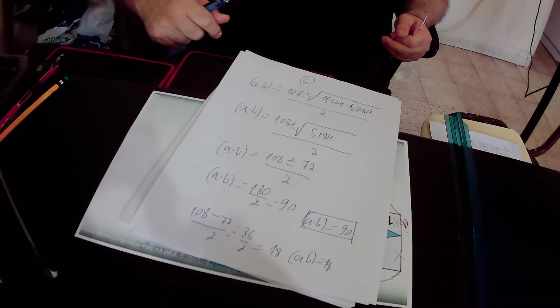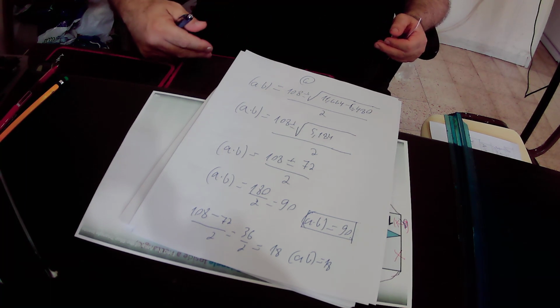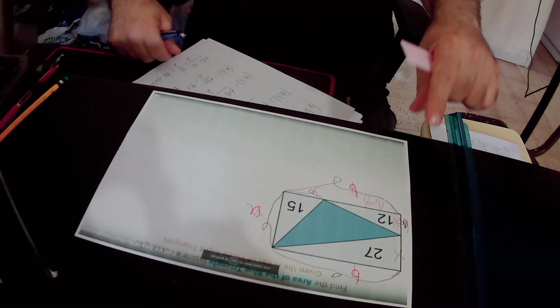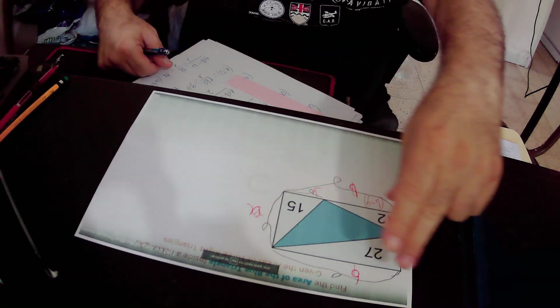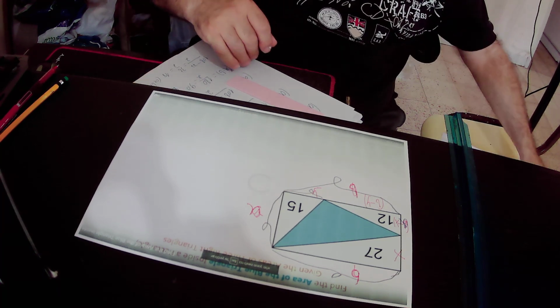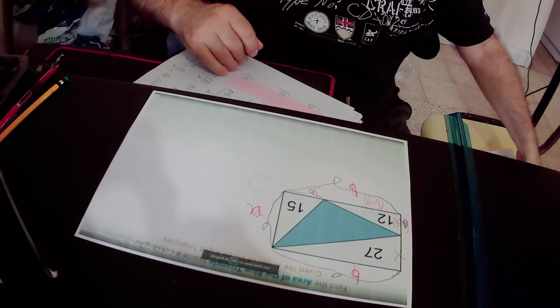So AB equals 18, and AB is actually the area of this rectangle, but AB can never be 18 units.